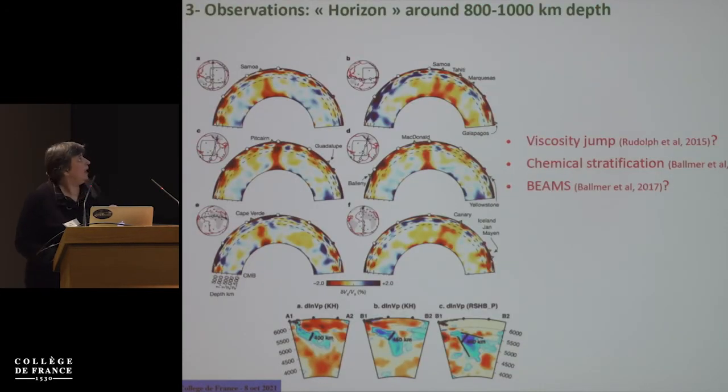So we have fat plumes. Another thing that has been invoked several times since yesterday morning is that there seems to exist a horizon, both for the upwellings going up and for the downwellings, at about 800 to 1,000 kilometer depth.